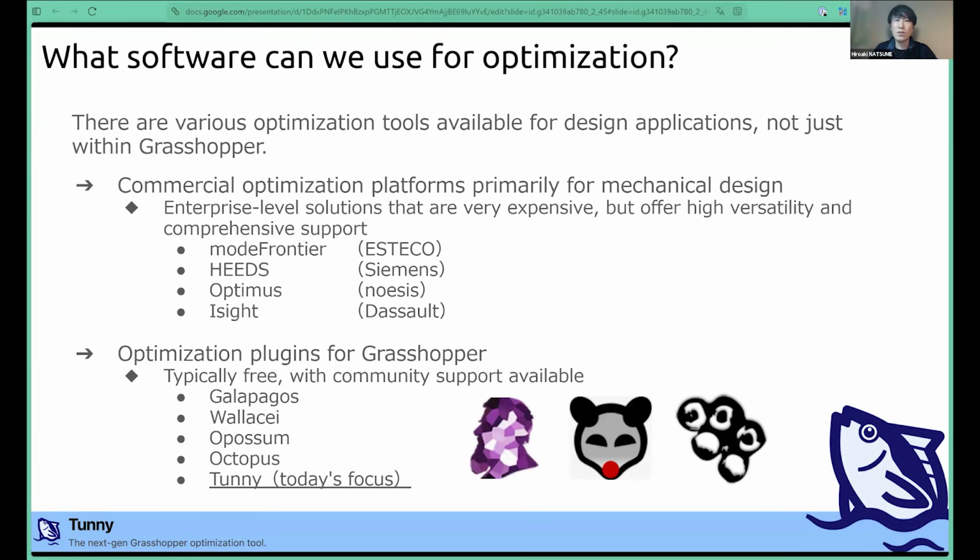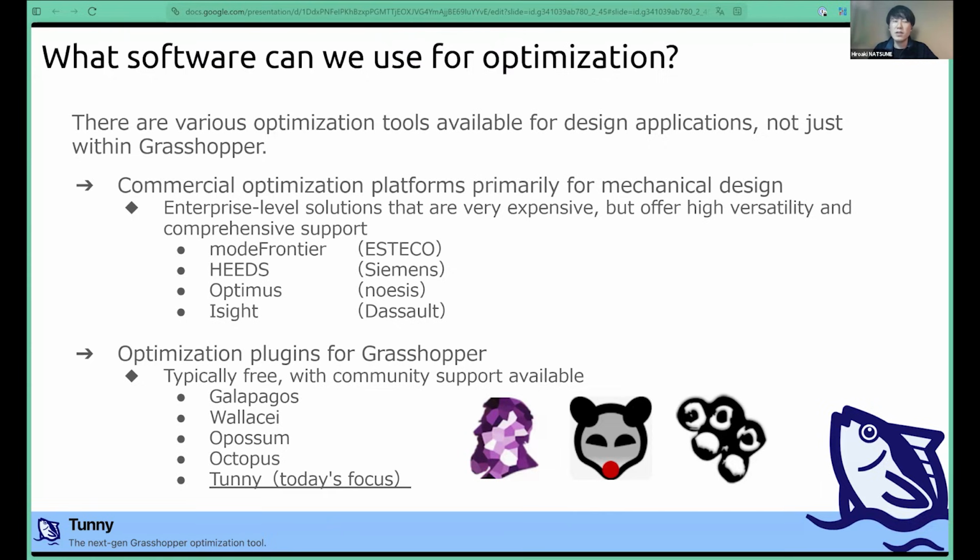Let me walk you through the various optimization software available for design applications beyond Grasshopper. First, we have commercial optimization platforms that are primarily designed for mechanical engineering and industrial applications.